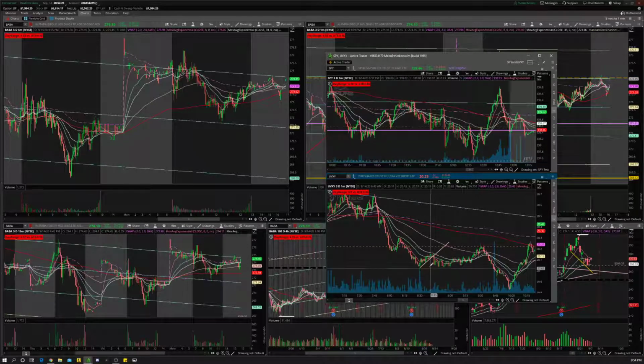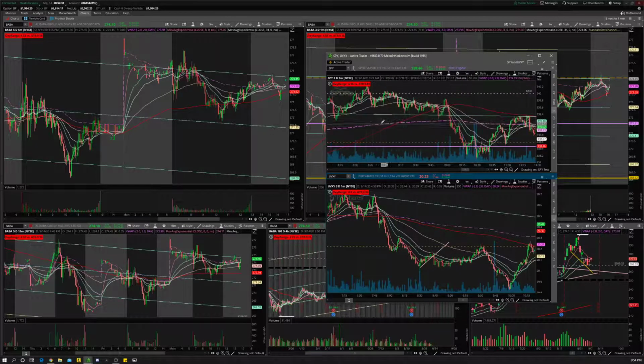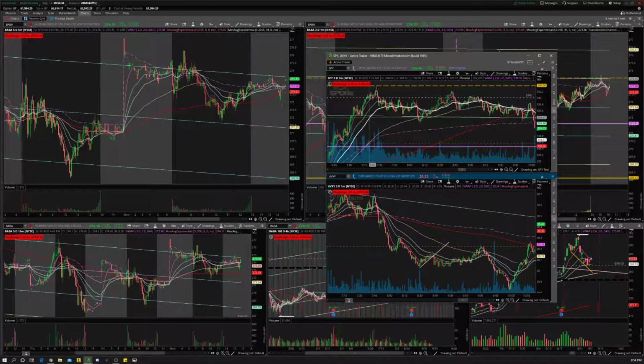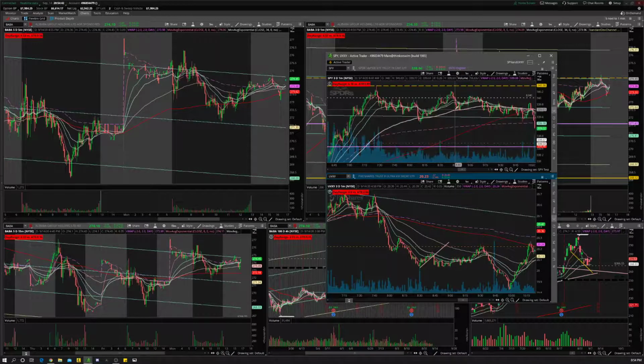But if UVXY breaks to the downside, then the SPY and a lot of these stocks that trade inverse to the UVXY will be breaking up. So 840 or 845.